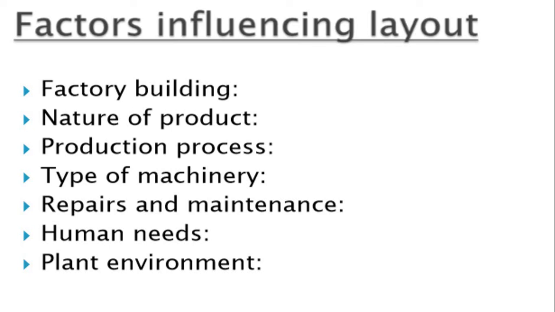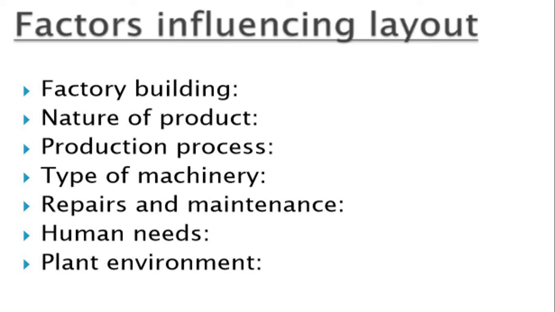And material handling provisions like cranes, hoists, then trolleys for movement, and also proper lighting, ventilation, some air conditioning. All those things are very much important, influencing the plant layout.